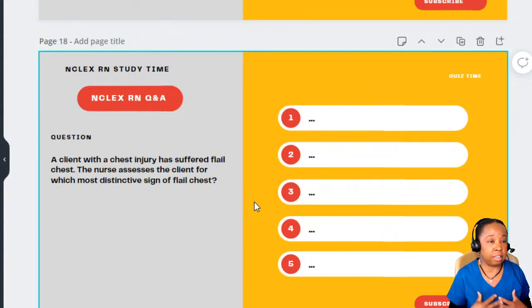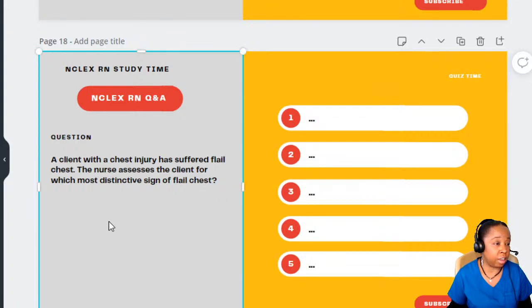They have the tendency of having a chest that looks very pronounced, because of the way they try so hard to breathe, so they have that deformation in the chest. And the question says the client with a flail chest injury has suffered, and what kind of assessment will the nurse do, and what will be the finding.